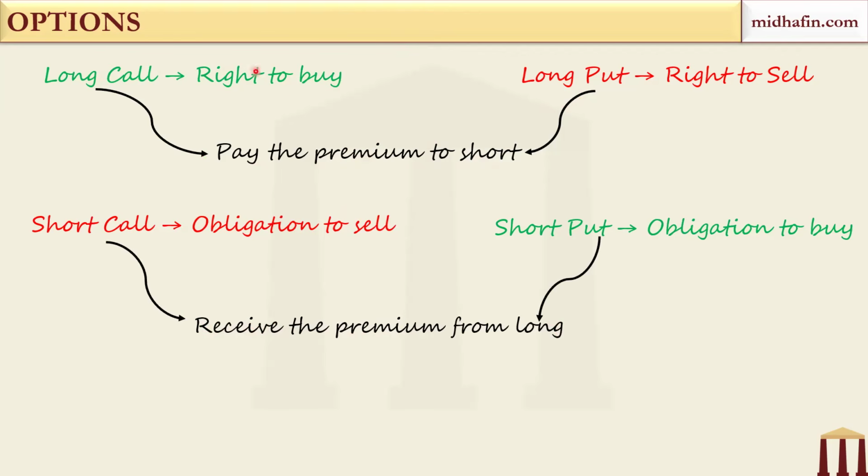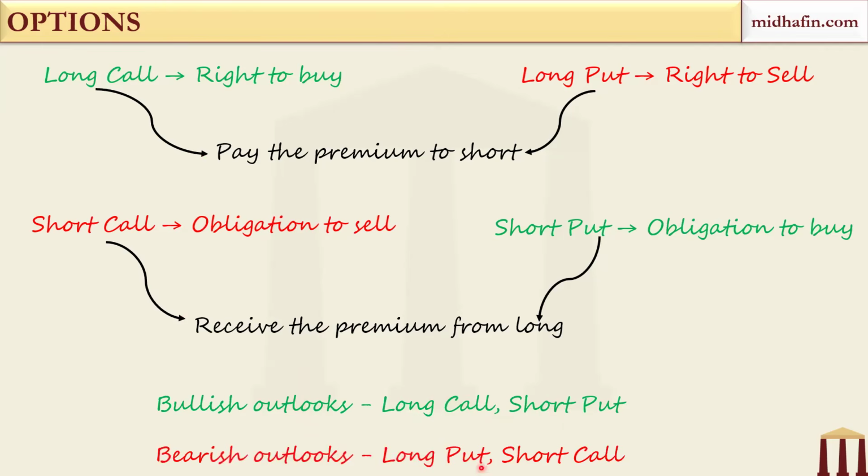You might have noticed that these two are in green color and these two are in red color. So when the investor is having a bullish outlook, then either a long call or a short put. Both of these positions signify a bullish outlook, whereas a long put as well as a short call signify a bearish outlook.